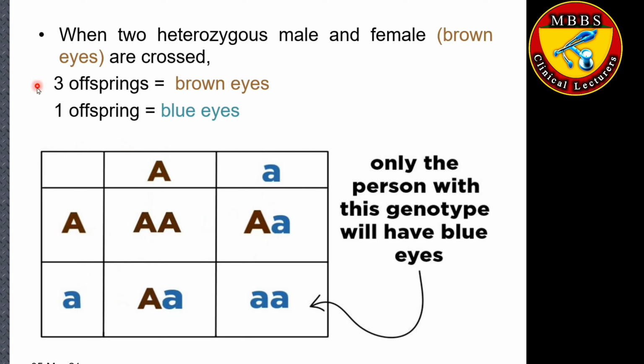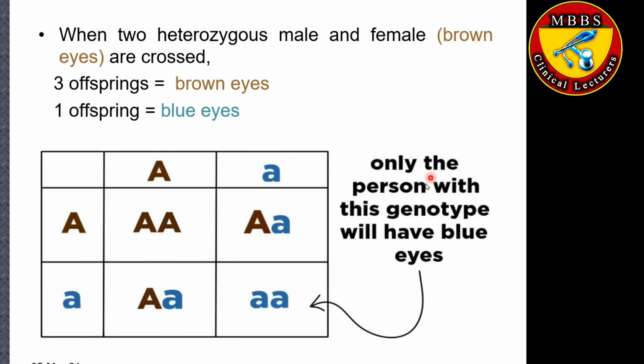What I found is that 3 offspring had brown eyes. So this is the homozygous dominant, the heterozygous and the heterozygous, but the dominant has the brown. So 3 of the offspring will have brown eyes and the one individual with the genotype having both of the recessive characters will have blue eyes.